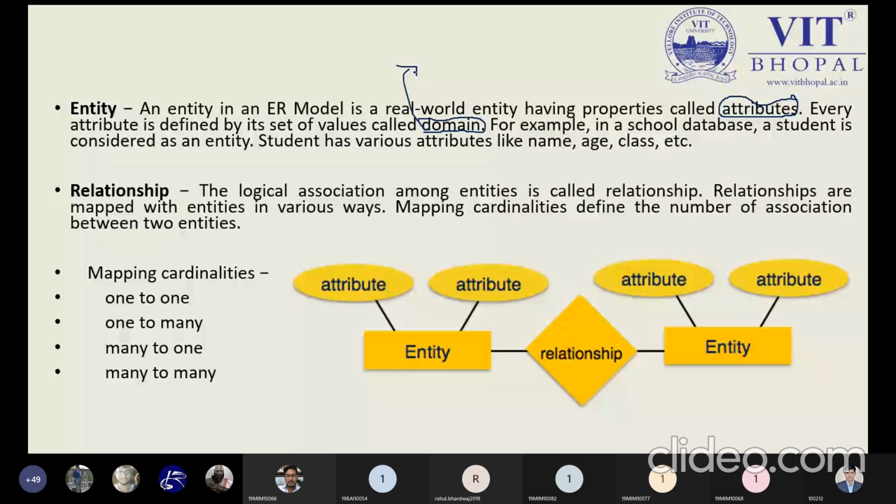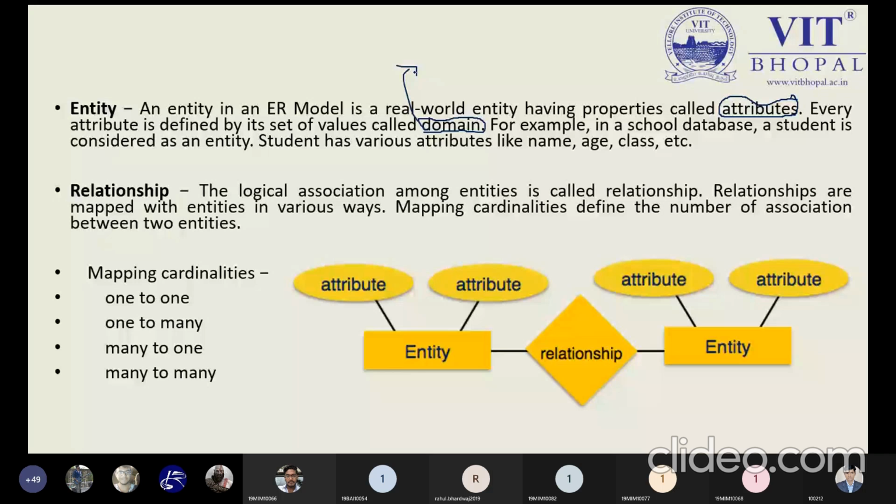Sir, like his role. If someone is a student or teacher, his respective attributes are different. If someone is a student, then we require his name, roll number, date of birth, registration number, etc. Okay, these are the domain. So every attribute is defined by the set of values which are the domain.